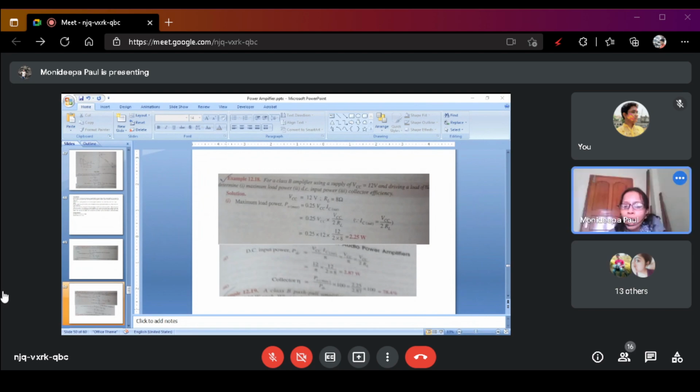So output is AC. Okay, so we convert the current into RMS form. Output is AC, yes. Current in RMS form, that is IC by root 2. IC is the maximum value, so IC RMS is IC by root 2. So you find out the value of IC RMS.